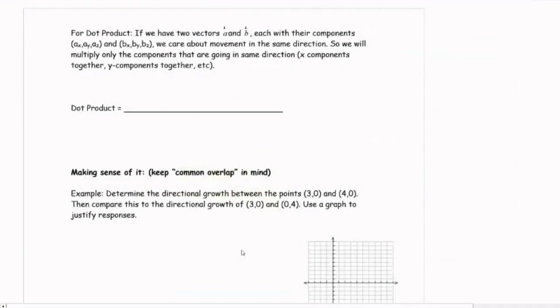Okay, for the dot product, if we have vectors A and B, each with their components, AX, AY, AZ, and BX, BY, BZ, we care about the movement in the same direction.